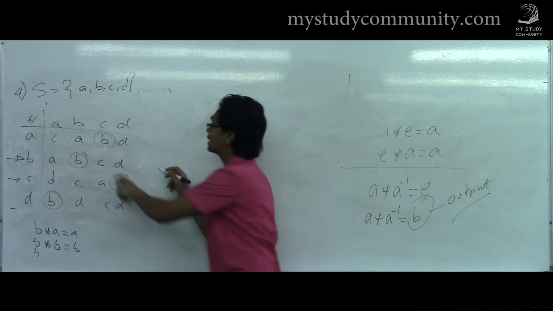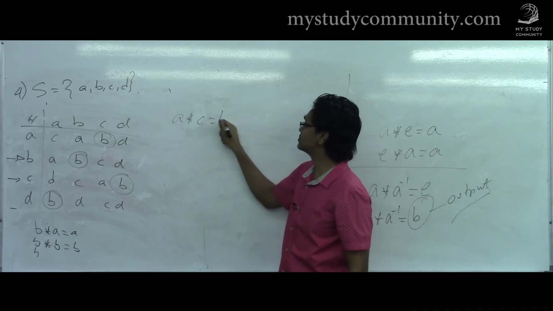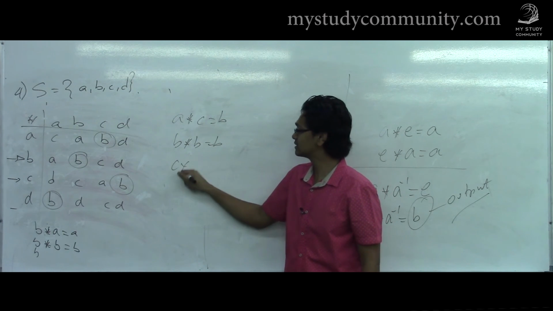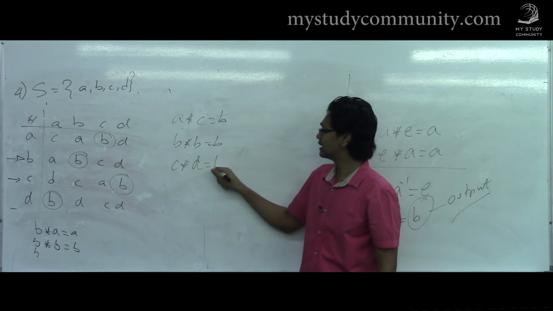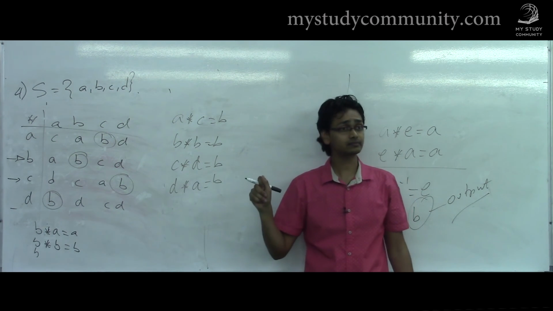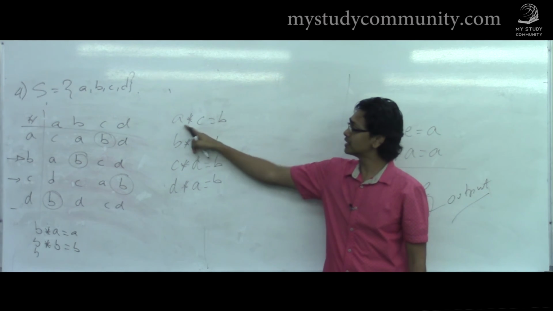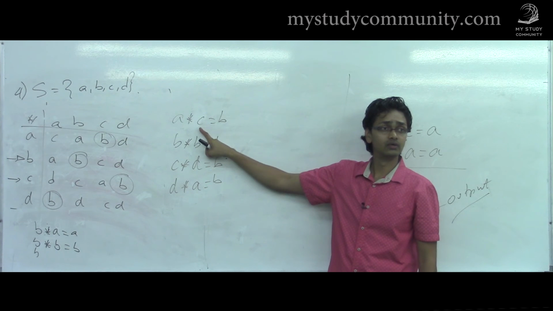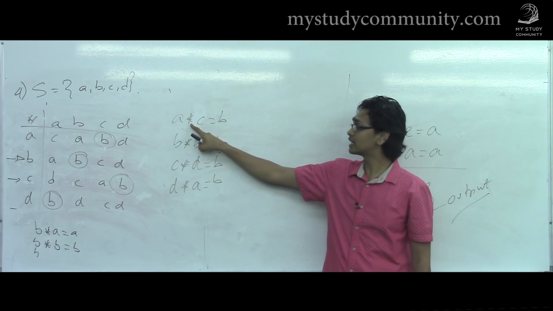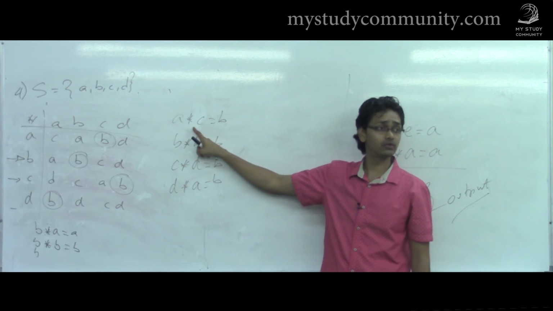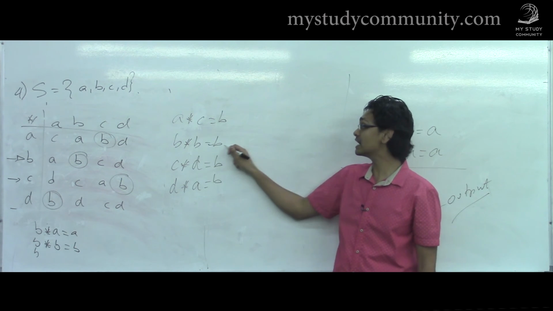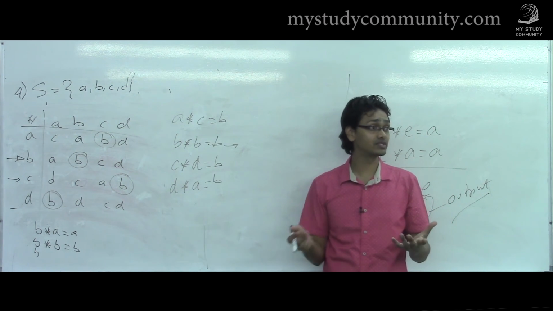For the first B, I get A star C is B. The second one I get B star B is B. The third one I get C star D is B. And the fourth I get D star A is B. Now, if we look at this, C would be the right inverse of A, or A would be the left inverse of C. This here, B would be the left inverse and the right inverse of B. So B is the only element that has an inverse.